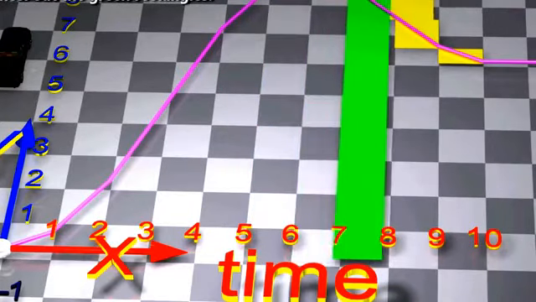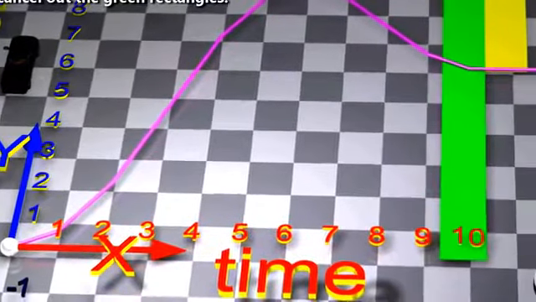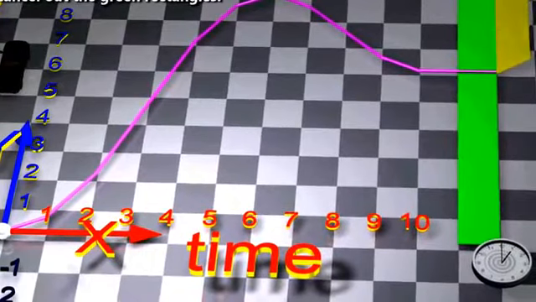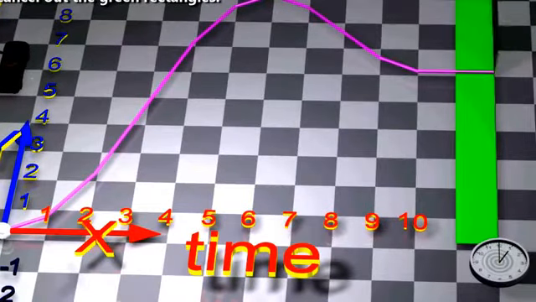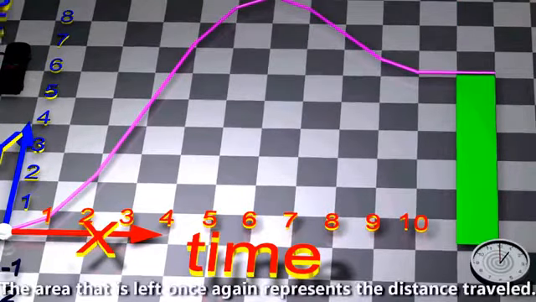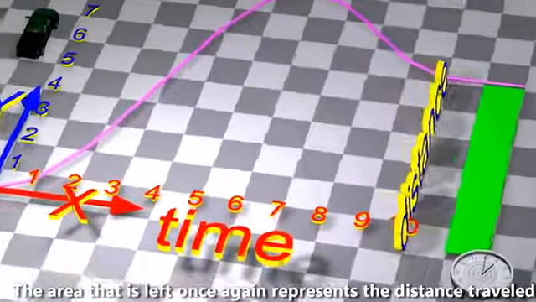The yellow rectangles have a negative area and cancel out the green rectangles. The area that is left once again represents the distance traveled.